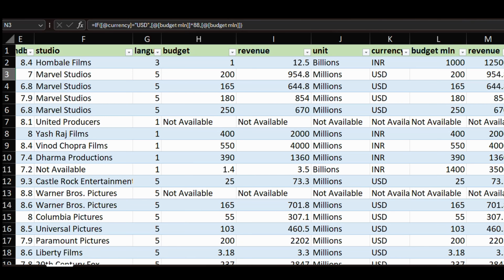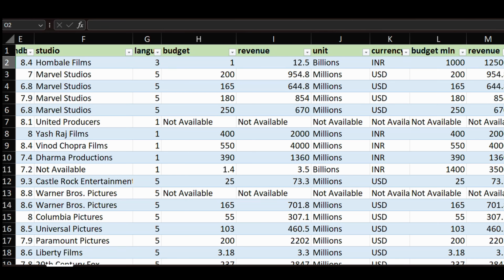Now look here: INR stays the same, but USD changes, multiplied by 88. Yes, it's the same.